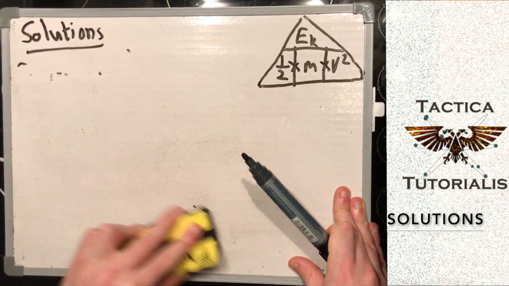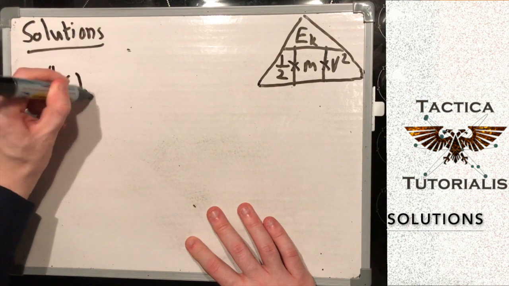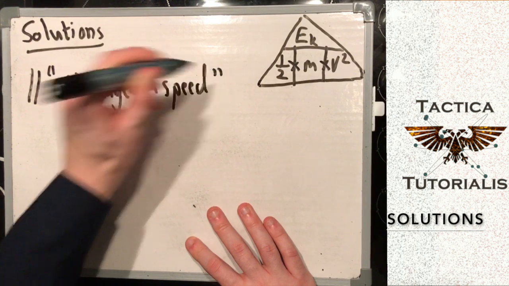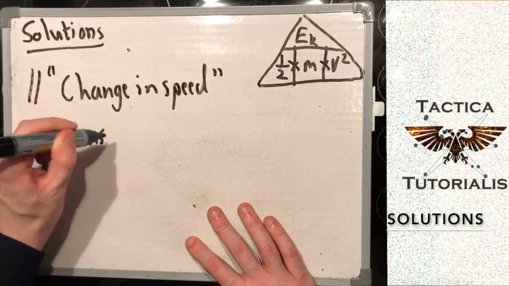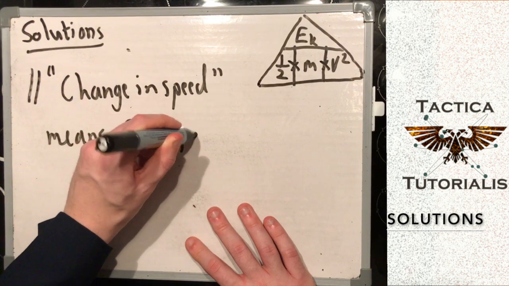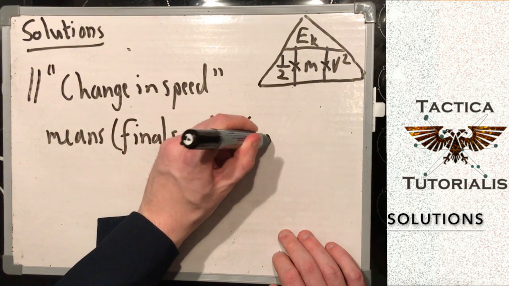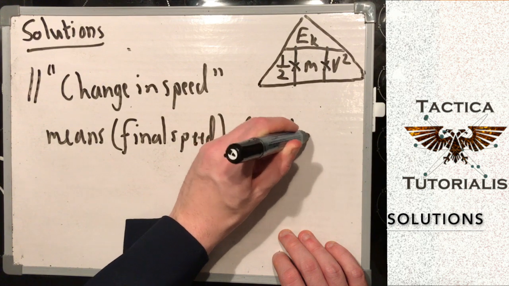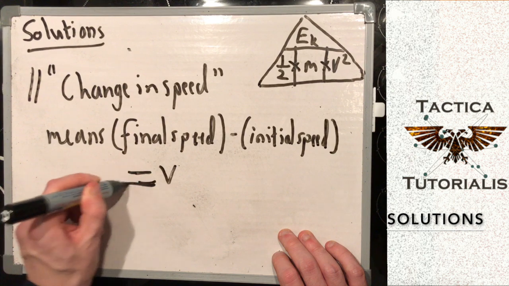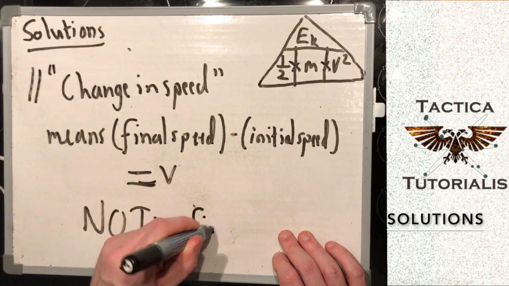Change in speed means final speed take away what we call the initial or the starting speed equals V, not V equals final speed.